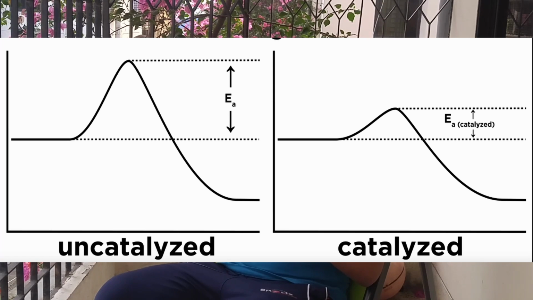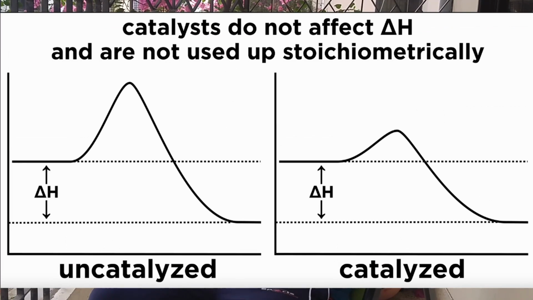But the uncatalyzed one has the higher activation energy, so there will be less success reaching the transition state. Now, catalysts do not affect the delta H and are not used up stoichiometrically.